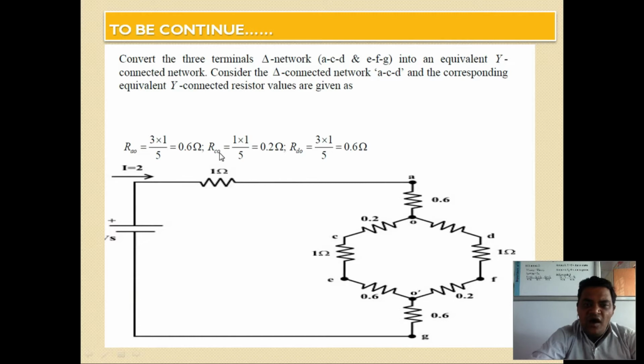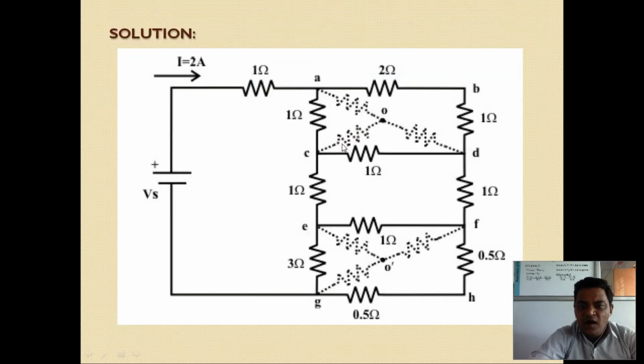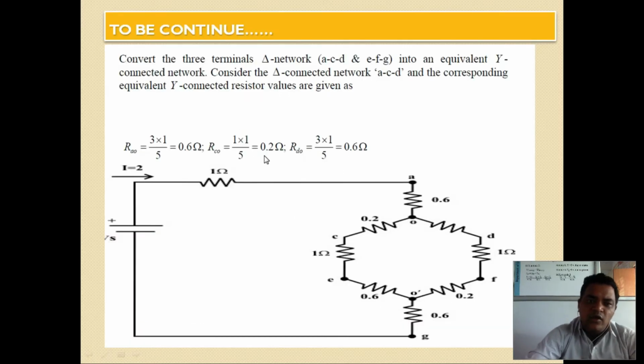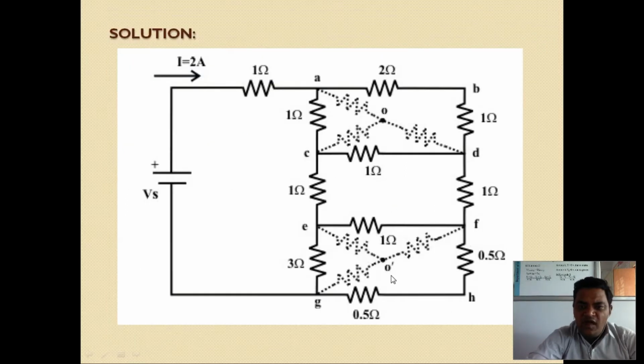Similarly, for R of CO, the resistance is 1 into 1 upon 5, that is 1 upon 5, which is 0.2 ohm. In this way we calculated the delta to star transformation for this network as well as this network.